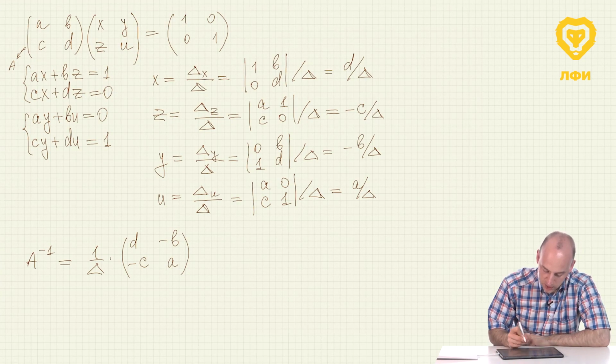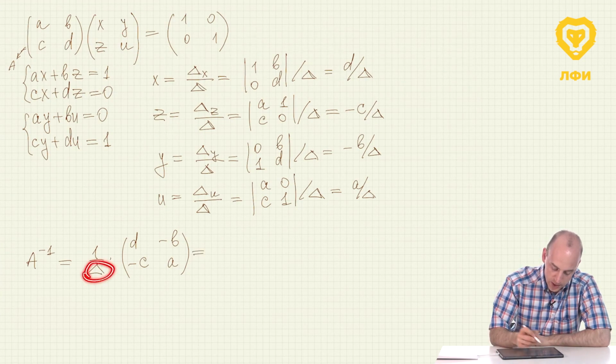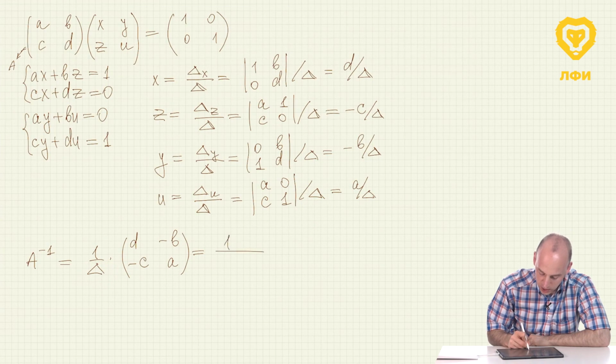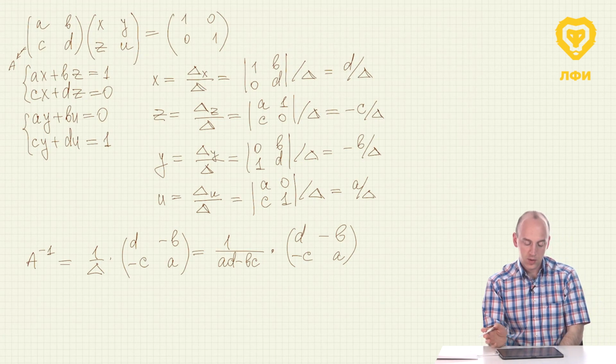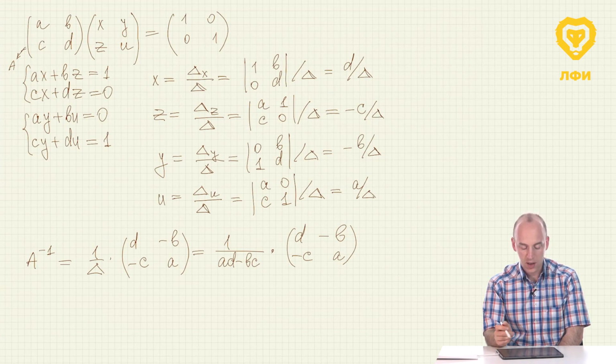And as for delta, we can decipher it right now. It is ad minus bc. So that's the formula for the inverse matrix in case of 2x2 matrices.